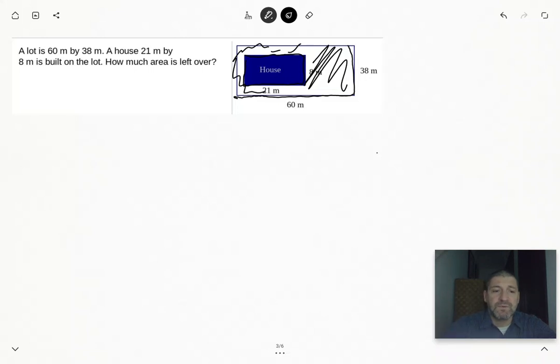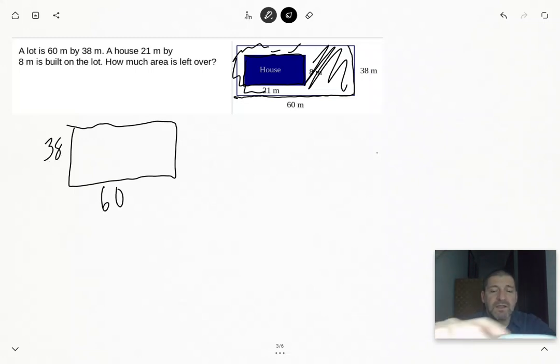We first have to take the area of the yard, which was 60 by 38. To find out how much area is left over, anytime you want to find what's left over, you need to use subtraction. So we've got to subtract the area of the house from the area of the yard.